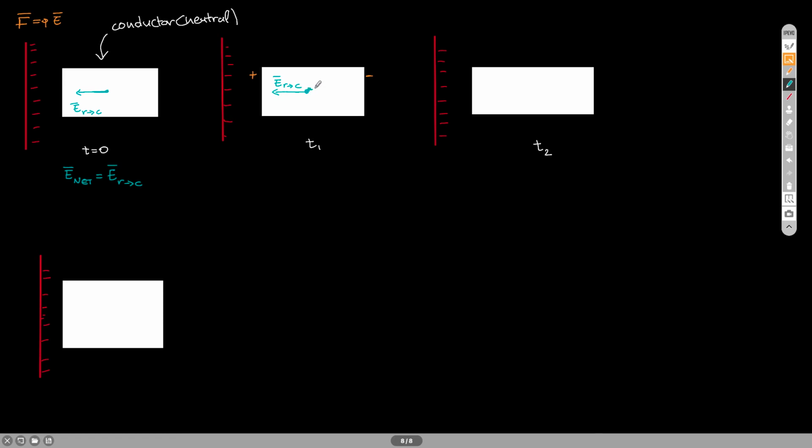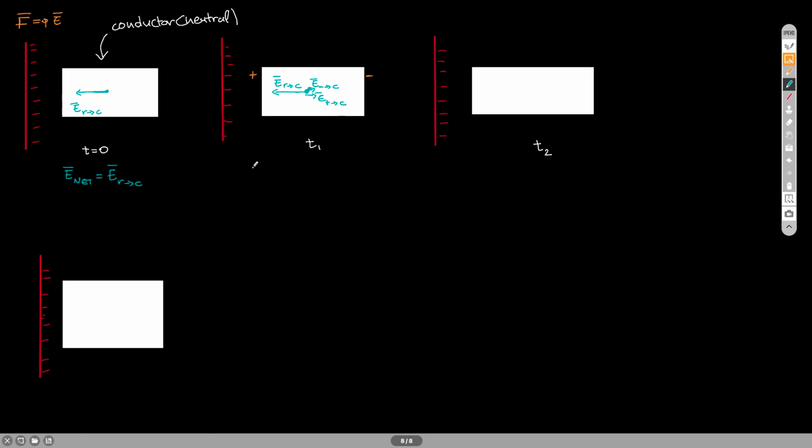Let's make it a little bit bigger. An electric field from the negative side of the conductor, created at the center of the conductor, and this points to the right because this is a negative charge. In the same way, I have a positive charge here. This creates an electric field pointing away from it. And this is the electric field that the positive side makes at the center of the conductor.